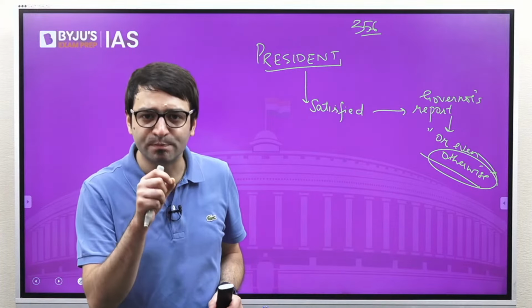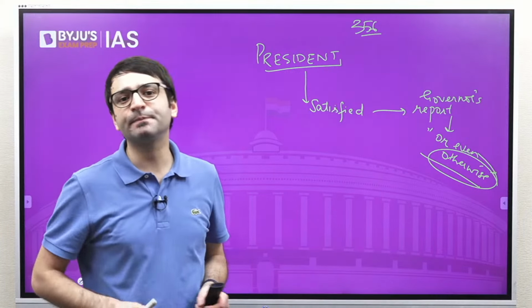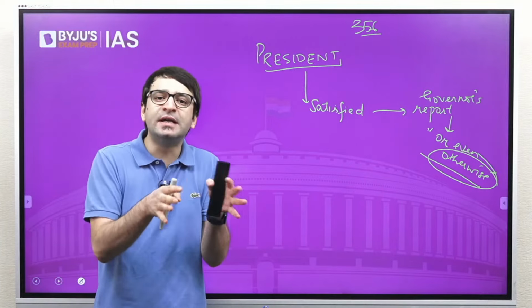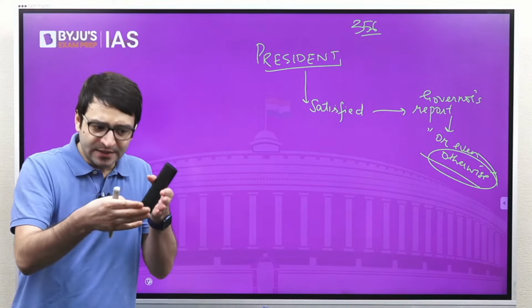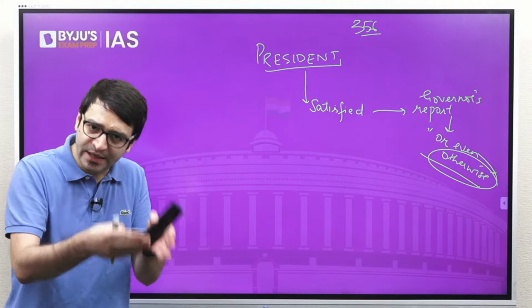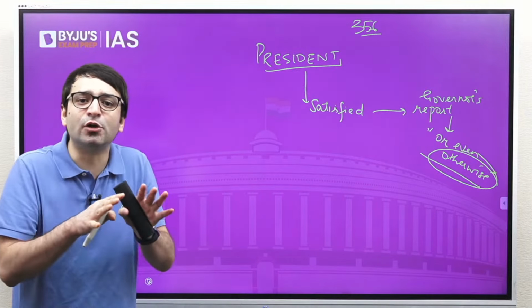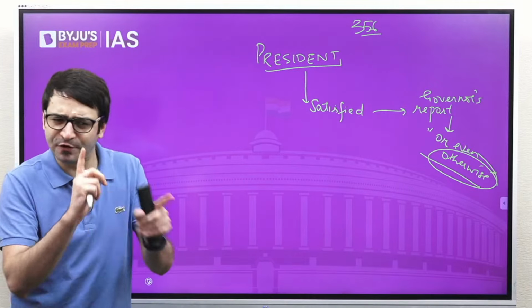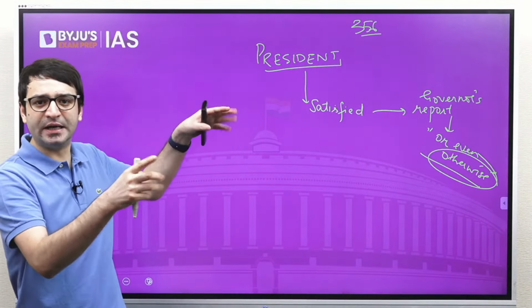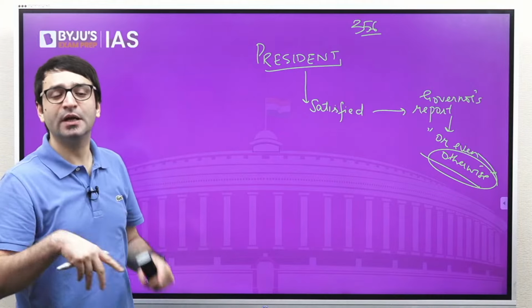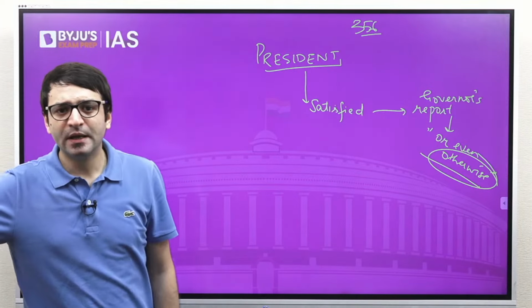He can impose president's rule in that state. And when president's rule is imposed in a state, then the federal relationship takes a hit, and for that particular state, the relationship is that of a unitary character. It's as if for that state and the Union of India, there is a unitary relationship, not a federal relationship.